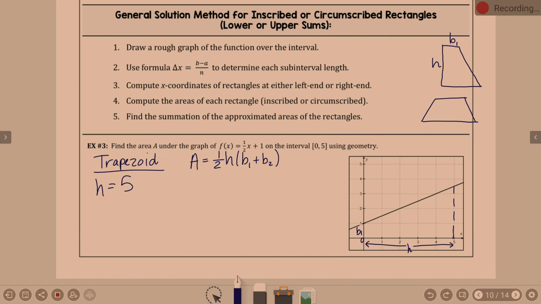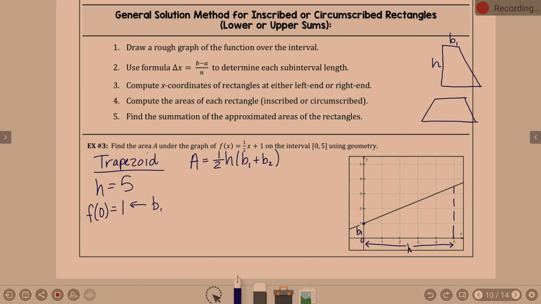Does that intersect exactly at 1? Yes, because it's when you plug in what? 0. So officially, if you do f of 0 and you plug in 0, what do you get? 1/2 times 0 is 0. 0 plus 1. You guys got really lucky. So f of 0 is 1. And so I can agree that base 1 is 1.